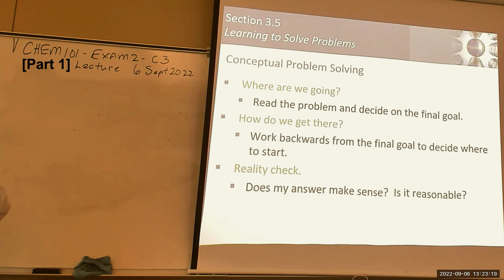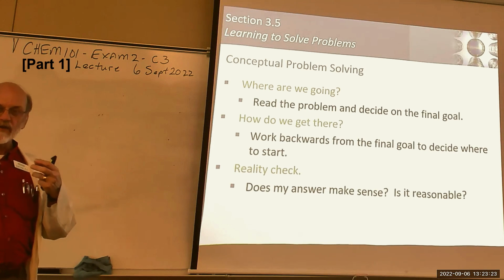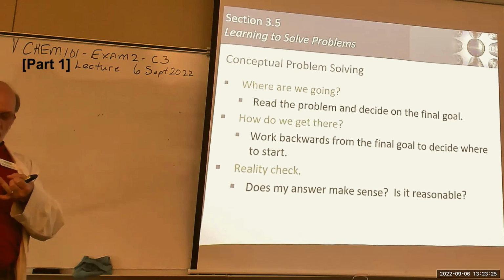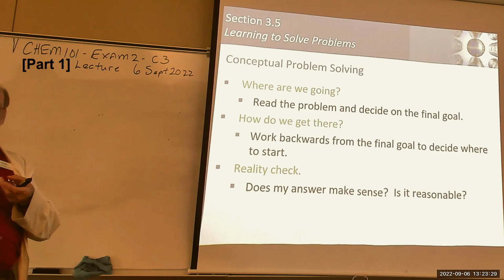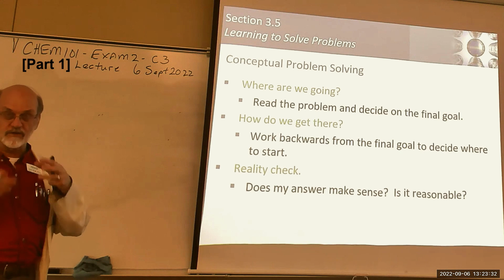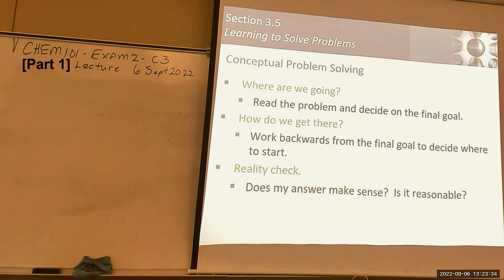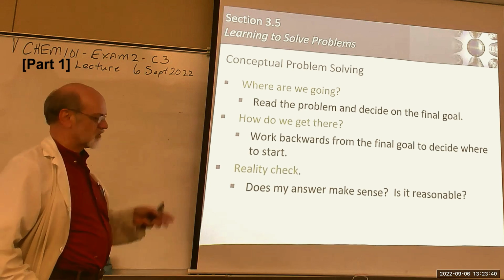And if the information is not given completely in the problem, either you have to have it memorized, go to your periodic table, go to your useful information, or some other chart that's given to you to get the information. Because it may not all be right there in the problem. And then you check to see if your answer makes sense.